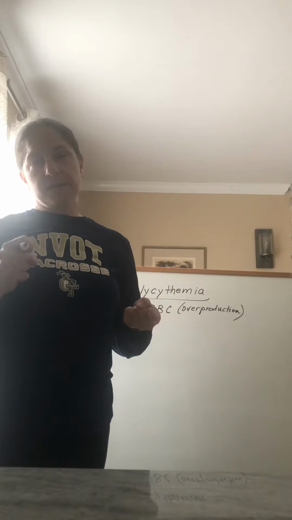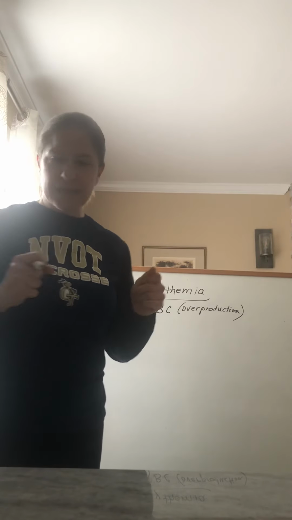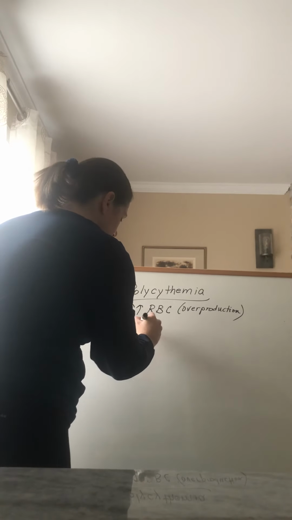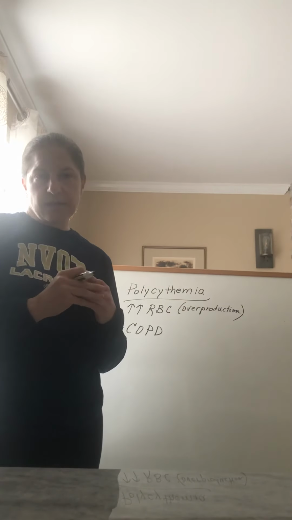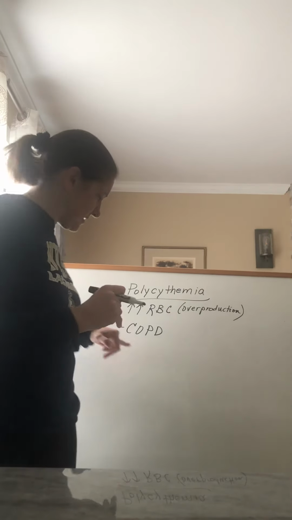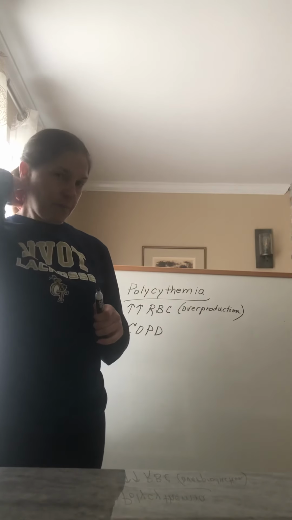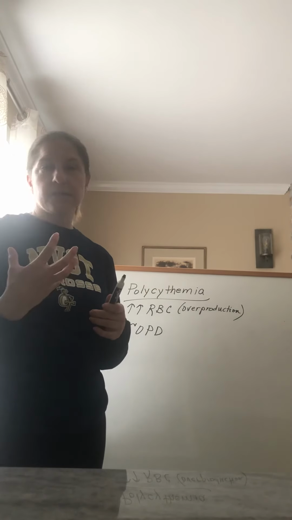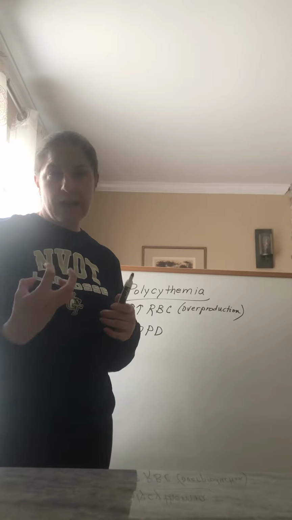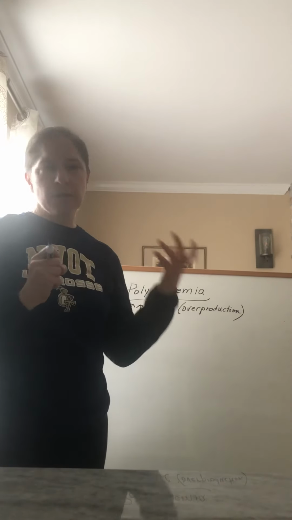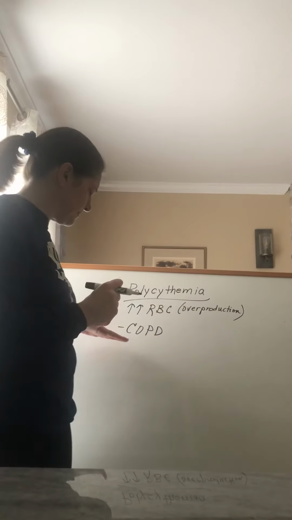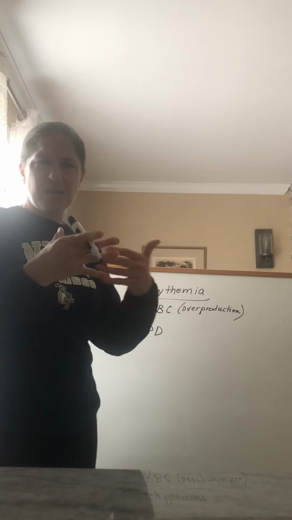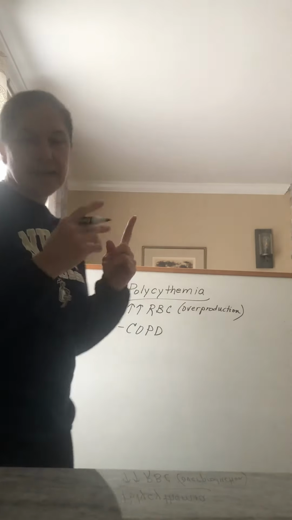When someone has polycythemia, it can be connected to certain things like COPD. You can imagine if the body is getting the signal that the patient is not getting enough oxygen, right, because they have an underlying condition, it would increase the production of red blood cells to try to match that so that perhaps you could grab more oxygen and restore oxygen levels to normal in the bloodstream. So this is a common thing connected to COPD.